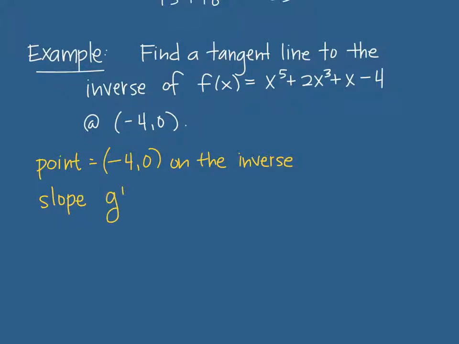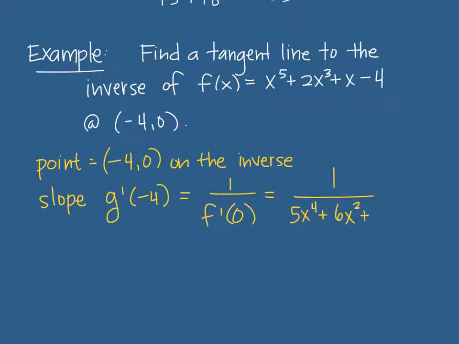We would like to find g prime of negative 4, which means I will be finding 1 over f prime of what number? 0. So 1 over the derivative of the function we've been given, which is 5x to the 4th plus 6x to the 2nd plus 1.